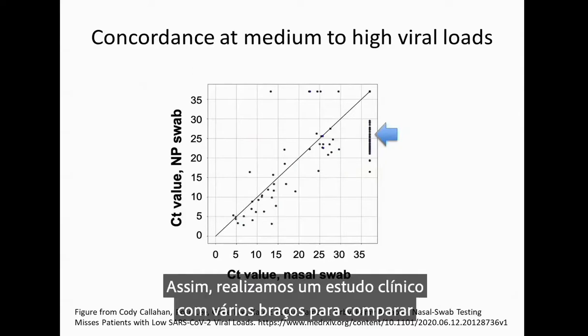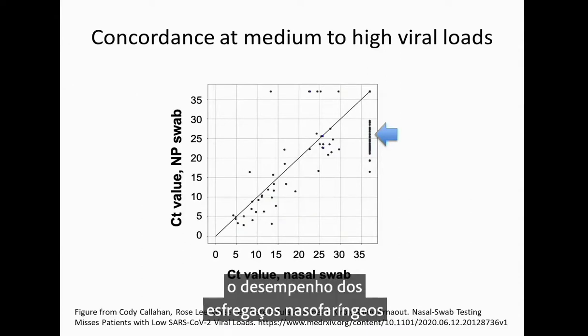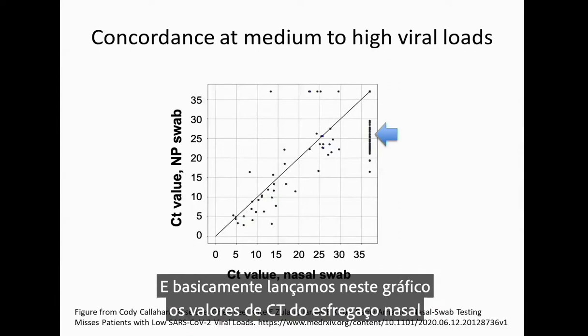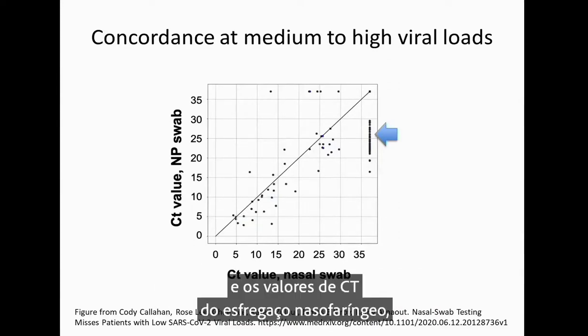So we performed a multi-arm clinical trial to compare the performance of nasopharyngeal swabs to nasal swabs in our patient population. Shown in this graph are the CT values with the nasal swab and the CT values of the nasopharyngeal swab.